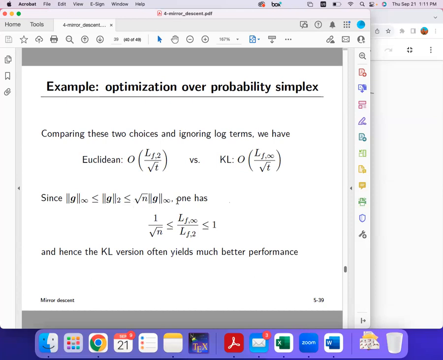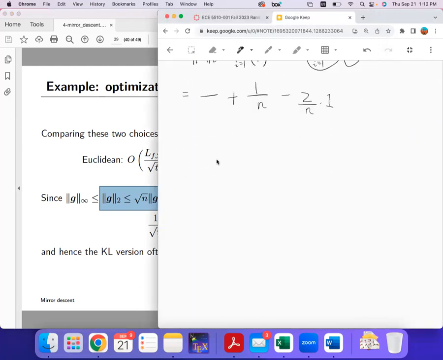Now, what is the other case? Consider this example: you have an all-ones vector. The infinity norm of this vector is just 1, that's the maximum entry. But the L2 norm of this vector is square root of n, because you have dimension n.